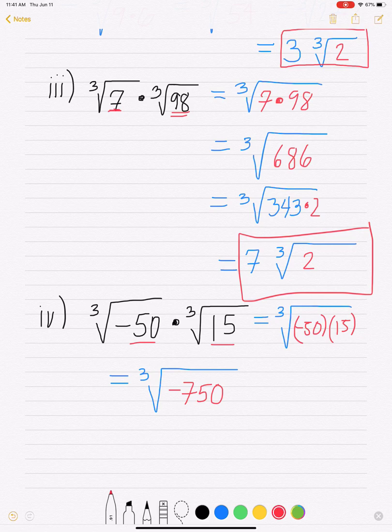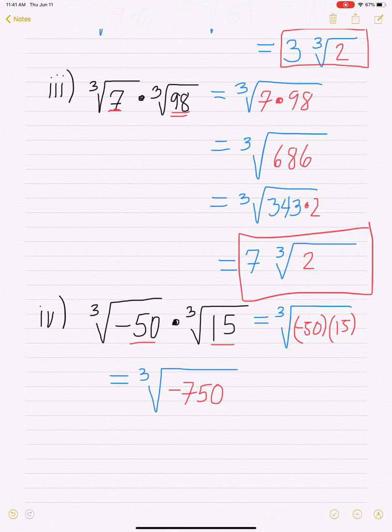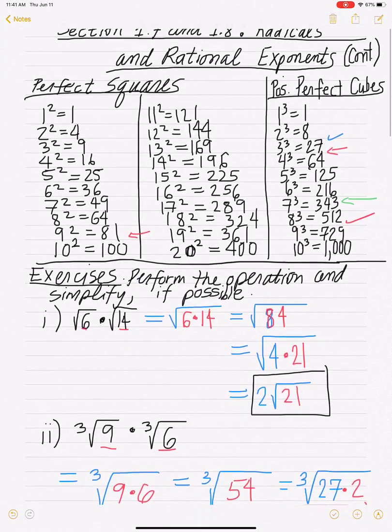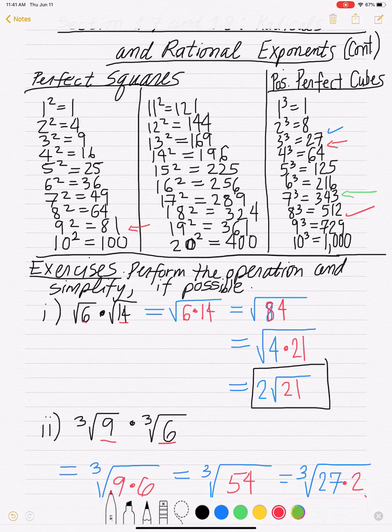Now, the question is, negative 750, is that a perfect cube? Definitely not, right? So we look at the positive perfect cubes here. These are all the positive perfect cubes. Positive 750 would fall somewhere between 729 and 1000.